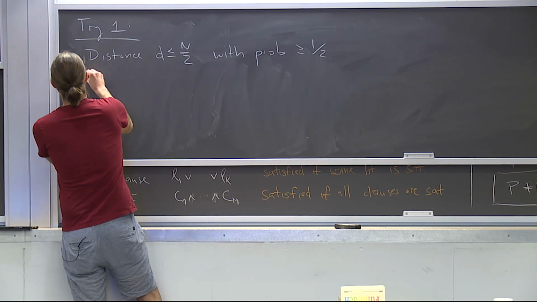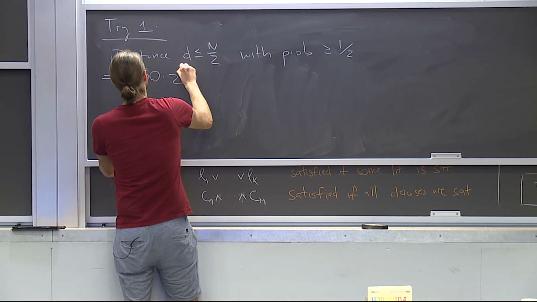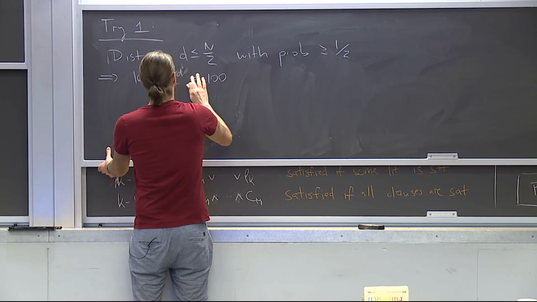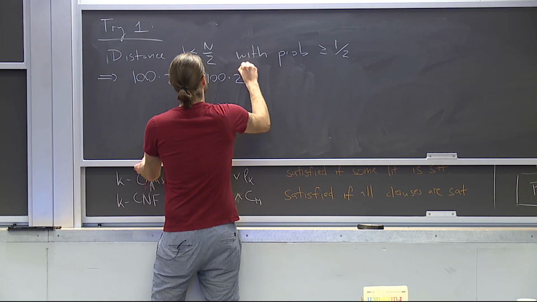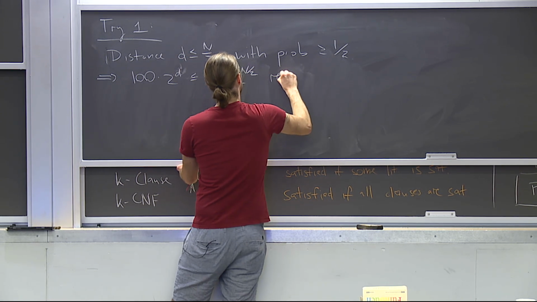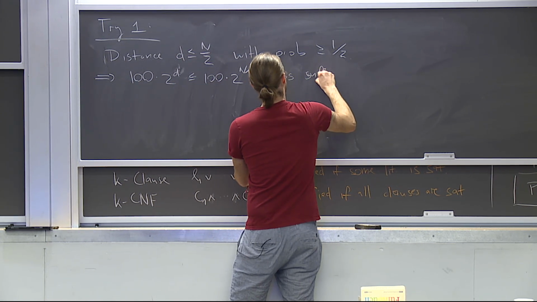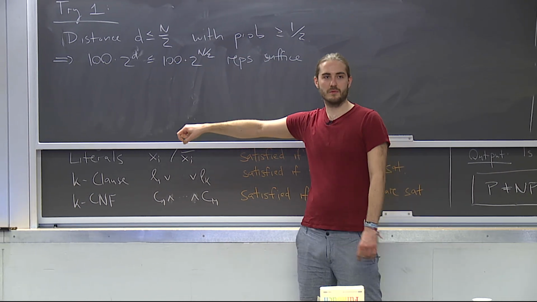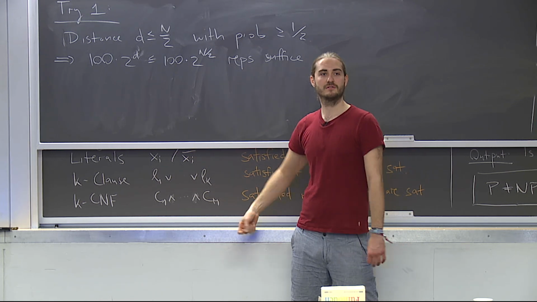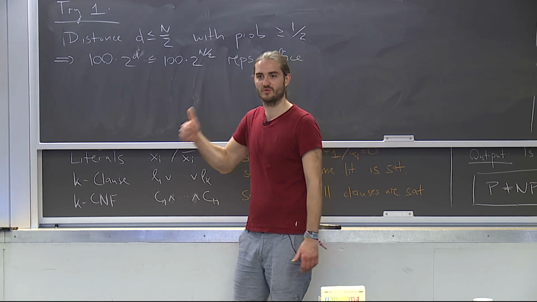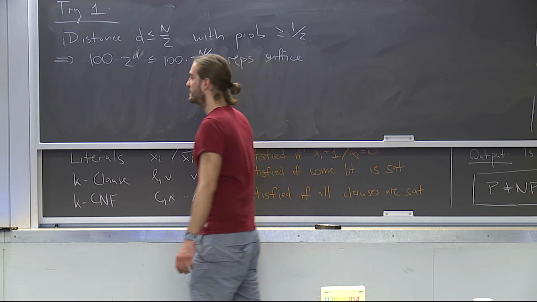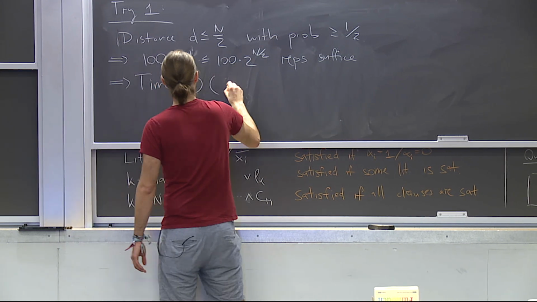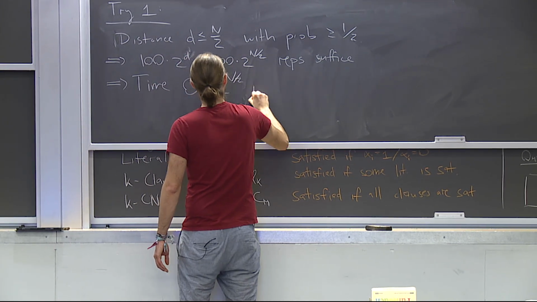So then, let's say 100 times 2 to the n half, to the d, which is 100 times 2 to the n over 2 repetitions suffice. Because each repetition succeeds with probability 2 to the minus d, which is 2 to the minus n half. You repeat it 2 to the n half times, and with good probability there's one of them which succeeds. OK, so you get an algorithm with running time 2 to the n over 2 times poly n.